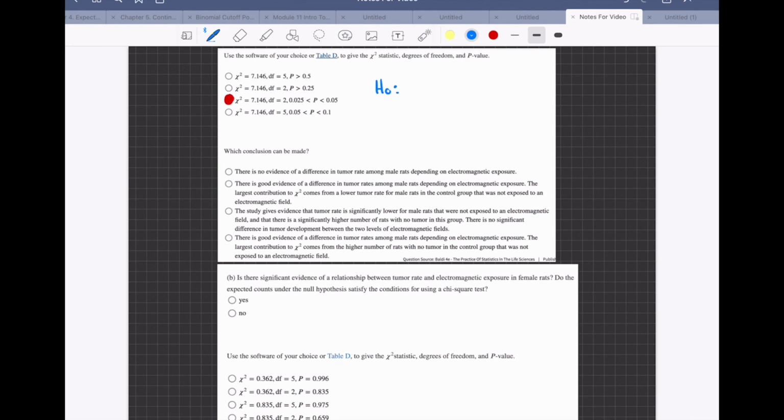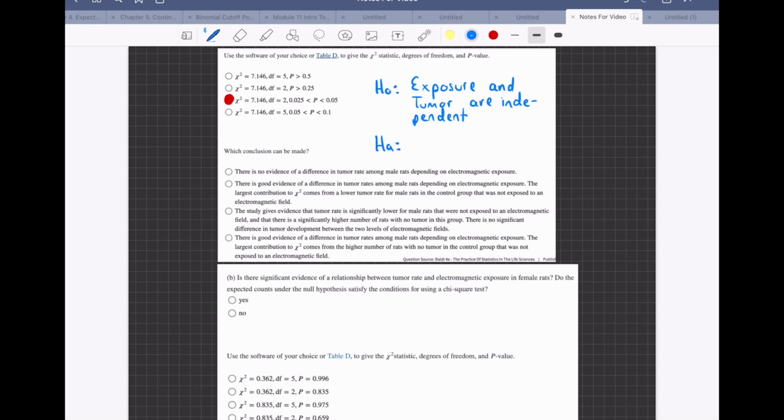In H null, you have to put independent. The variables exposure and tumor are independent. Always, this is the null hypothesis when we talk about a test for association or independence.